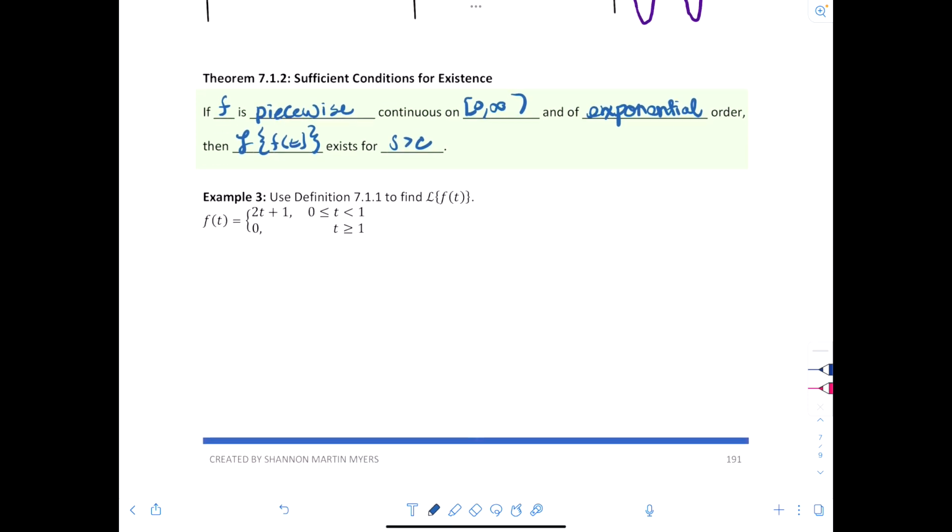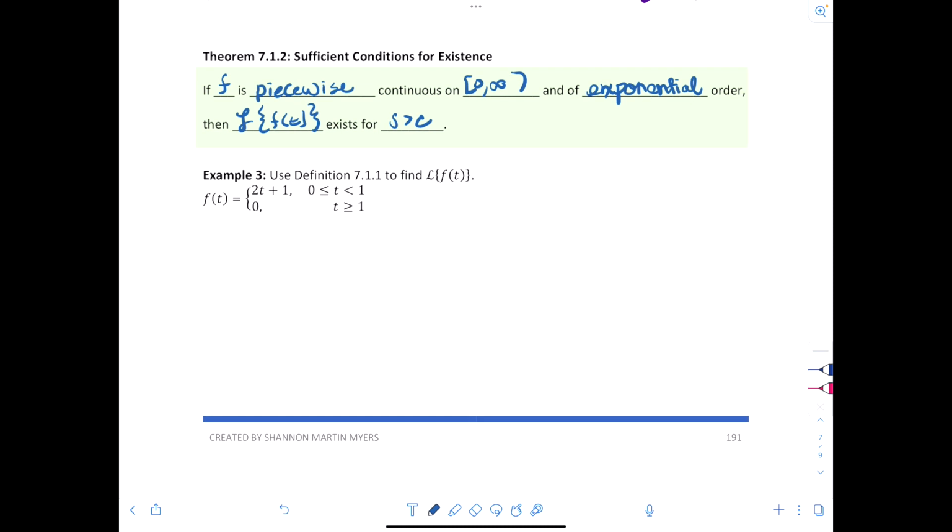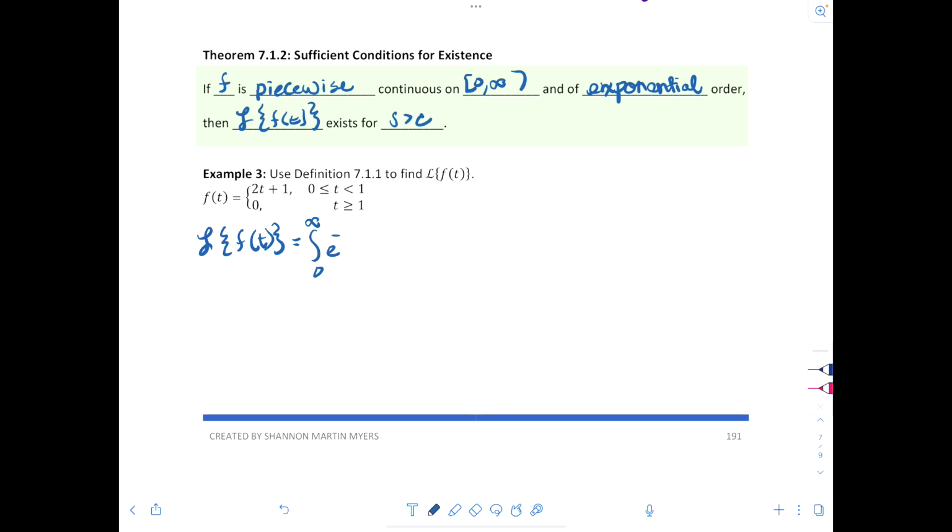So we're going to use definition 7.1.1, the hard way, to find L of f at t. This is a piecewise function. So L of f at t will equal the integral from 0 to infinity of e to the negative st times f at t dt, just like we've been working with.